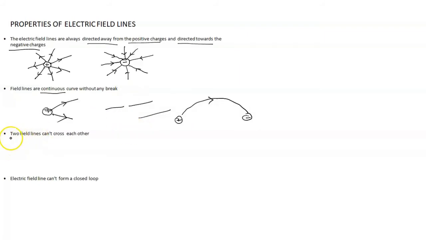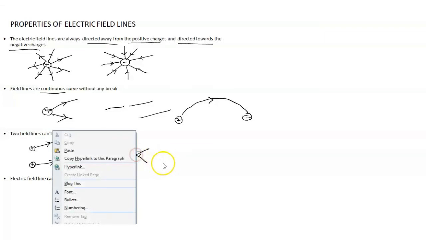The third one is that two field lines cannot cross each other. If we have two charges, suppose positive and positive, closely placed together, then the field lines are always like this. They cannot cross each other like this. Why? Because at this joining point, both directions of the field lines would exist. Can there be two directions of a field line at a point?